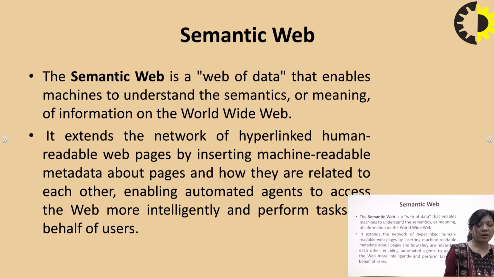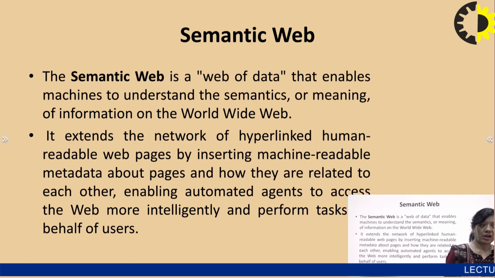Basically, the semantic web is a web of data, a combination of data, which enables machines to understand the semantics, or the meaning, of information which we use on the WWW. In the semantic web, we have a collection or network of hyperlinked human readable web pages.